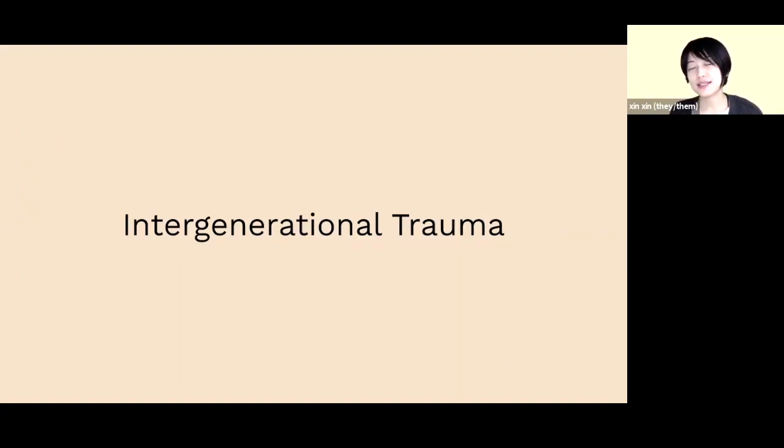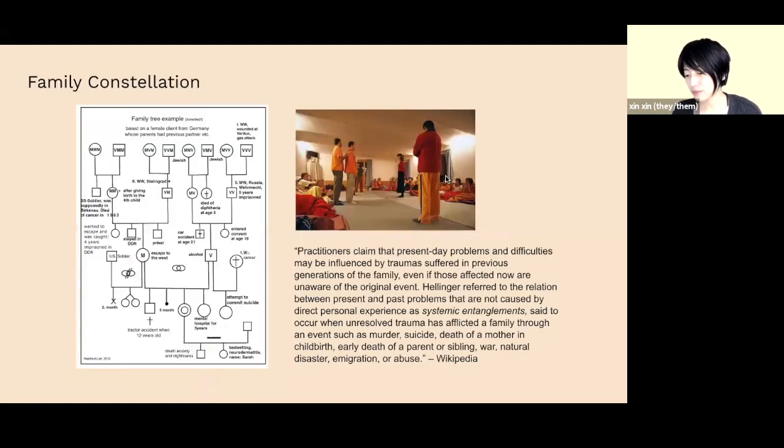So we're going to take a slight turn to looking at intergenerational trauma, thinking about the kinds of social and economic inequality that took place throughout history and the kinds of effects it can have on individuals and mental health. In this particular slide, this is an example of a therapy practice and theory called the family constellation.